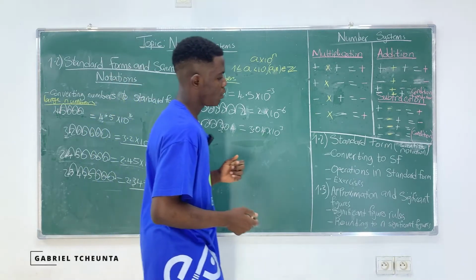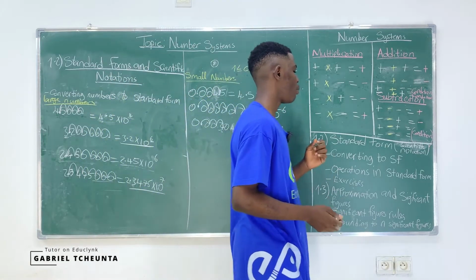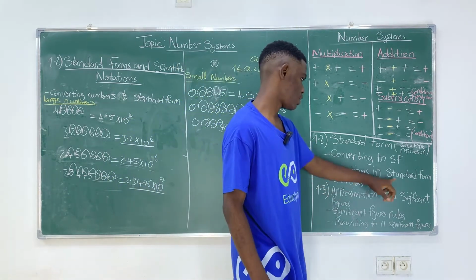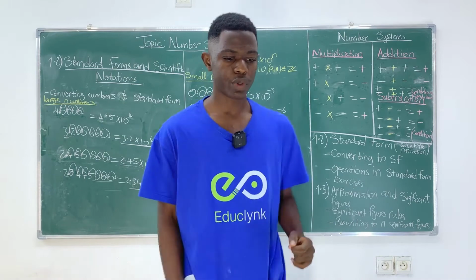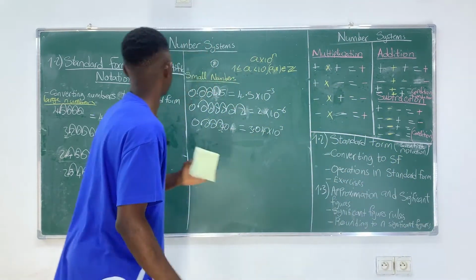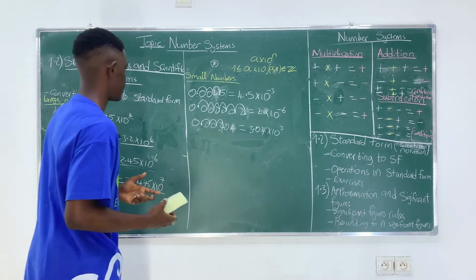Okay, so that is all for the conversion of numbers to standard form. Let's go to the next, which is operations in standard form. So we are going to do operations like multiplication and division of numbers in standard form.